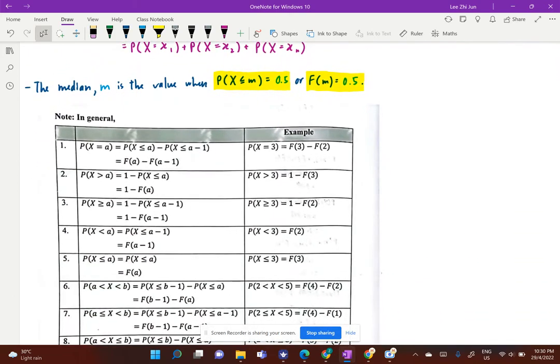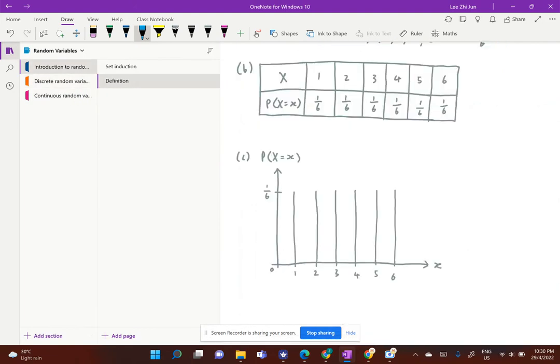So in general, P(X = a) equals F(a) minus F(a minus 1). So you can see P(X = 3) is F(3) minus F(2). Let me show an example so you can remember. If I want to find P(X = 3), let me show the cumulative first.